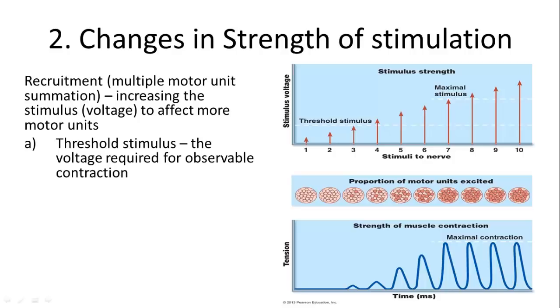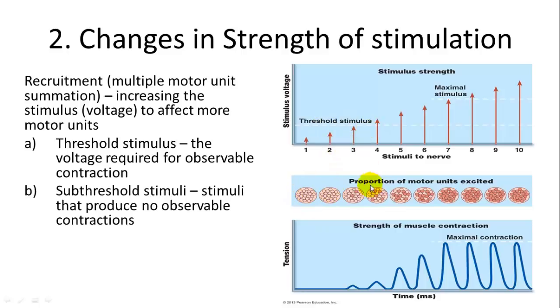But there is a point at which some stimuli are not enough to elicit an actual response from the muscle. So these stimuli, 1, 2, and 3, are too small, or at least 1 and 2 are, to even show an effect on the muscle or to recruit any of the motor units there. But after that threshold, you will start to see more and more motor units being recruited.